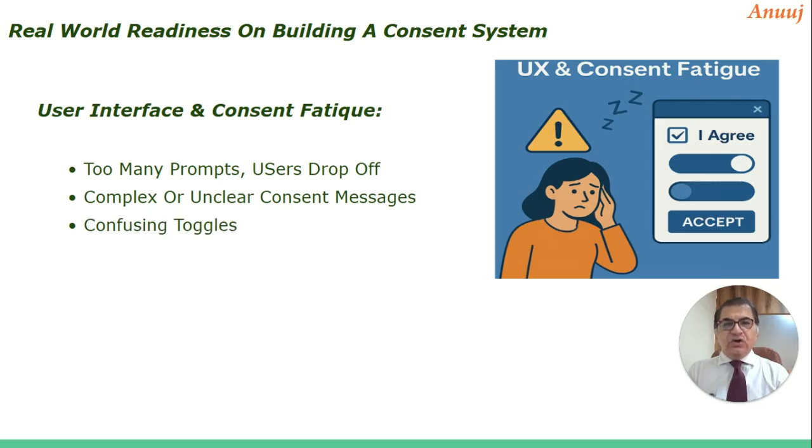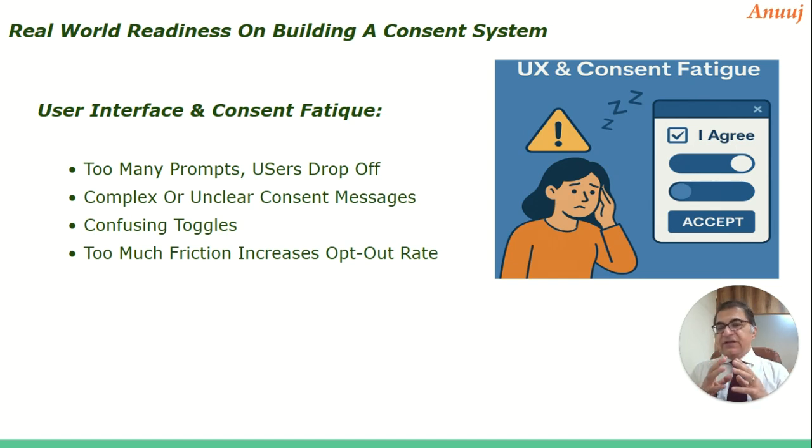People are not sure what it actually means, or whether they are applying for the right thing or not. Confusing toggles, I agree, I disagree kind of toggles. Too many of these confusing things could lead to many opt-outs. People might end up giving an unwanted consent, not so free consent, which is not the right thing. Free consent is the first requirement.